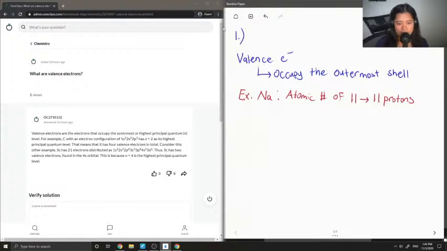And when you have 11 protons, you need 11 electrons to make it a neutral atom. So I'm just also going to write down 11 electrons.